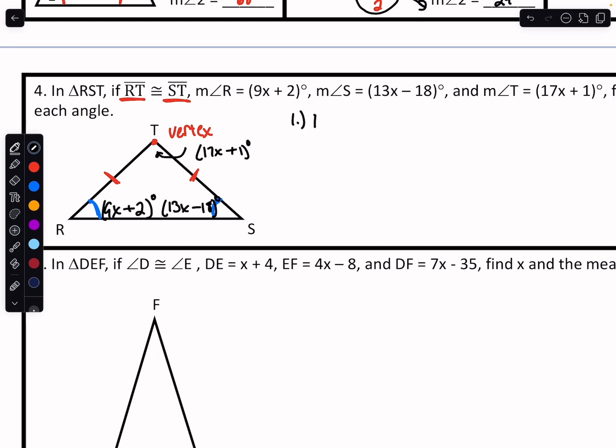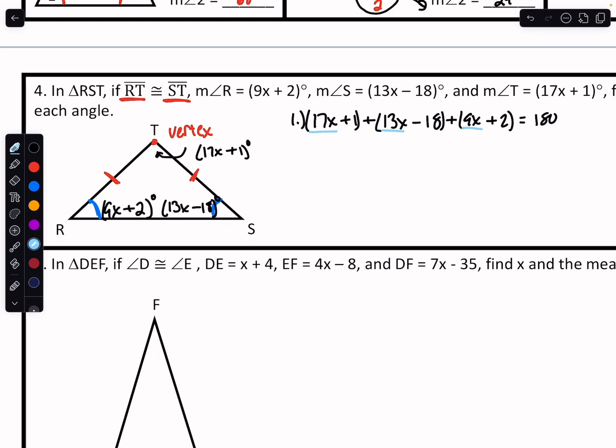Okay, so here's one way to do this problem, right? 17x plus 1 plus 13x minus 18 plus 9x plus 2, all those angles have to add up to 180. This is just one way to do this problem. I'm putting parentheses to separate that these are three different values, three different angles.